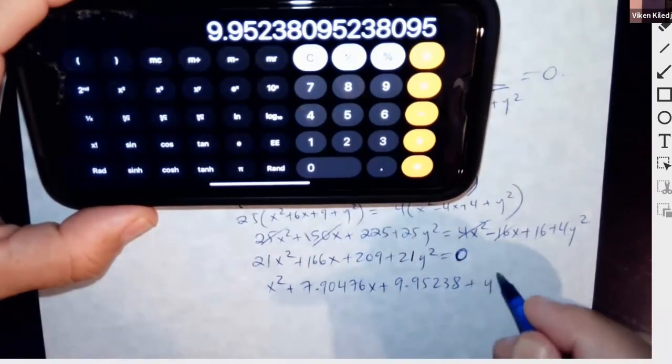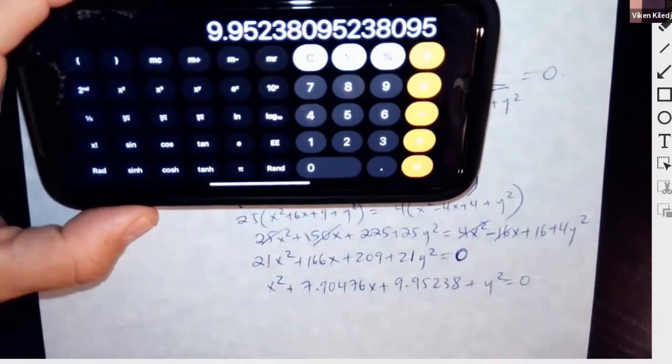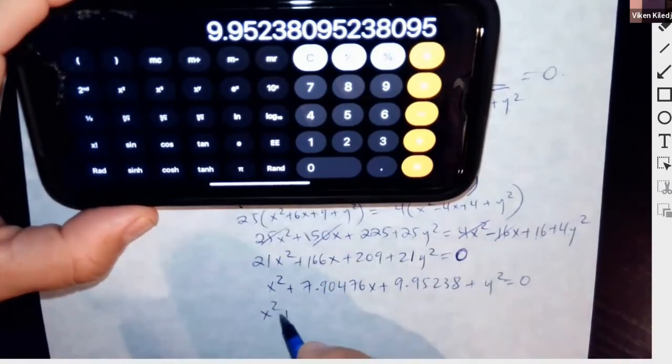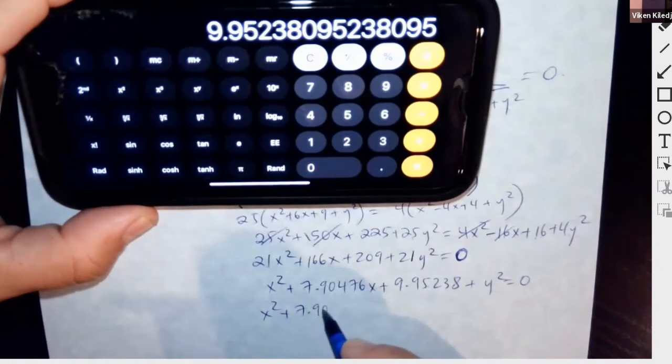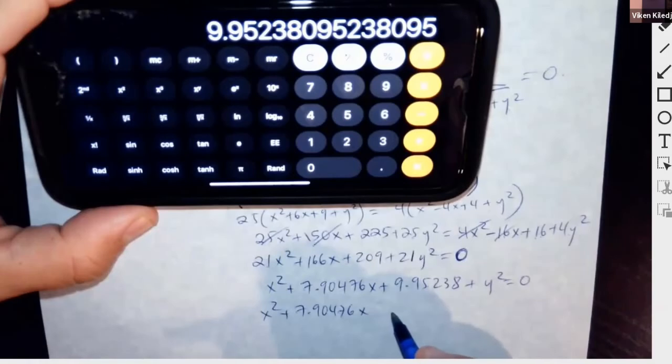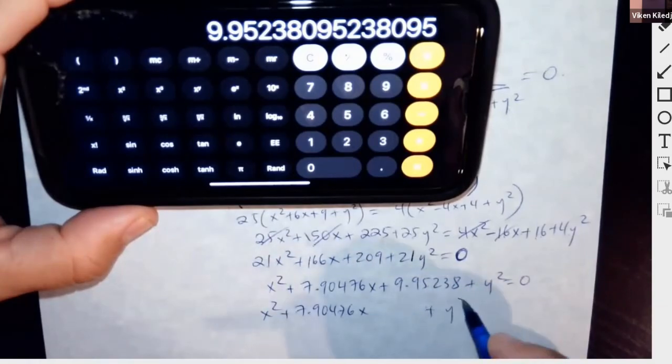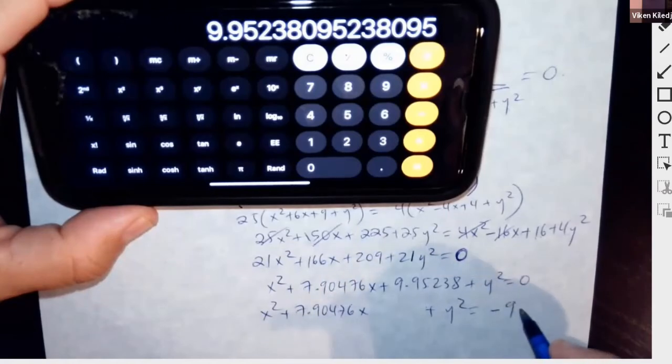And then this is y squared. Okay, then we can take this to the other side. Negative 9.95238.